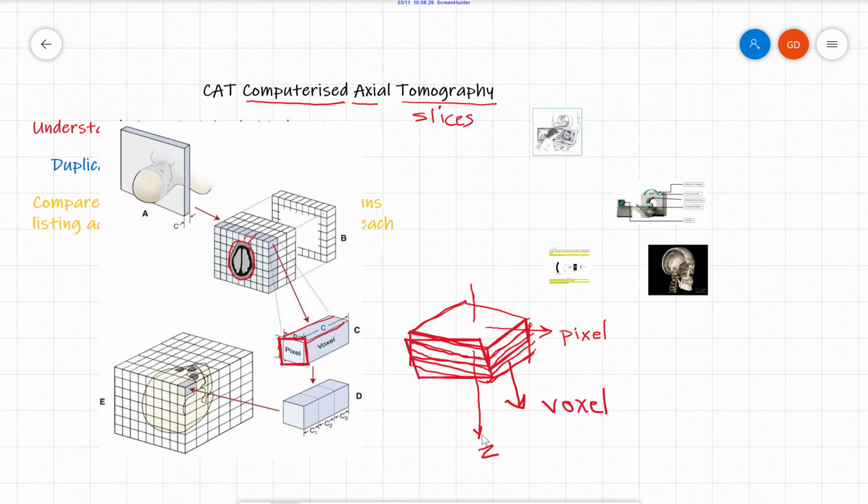So as we slide the patient and keep taking slices above slices, what we get at the end is a three-dimensional voxel, building the voxels with each other. Of course, all of this is done in the computer unit. At the end, we come up with a three-dimensional image of the patient, something like this.